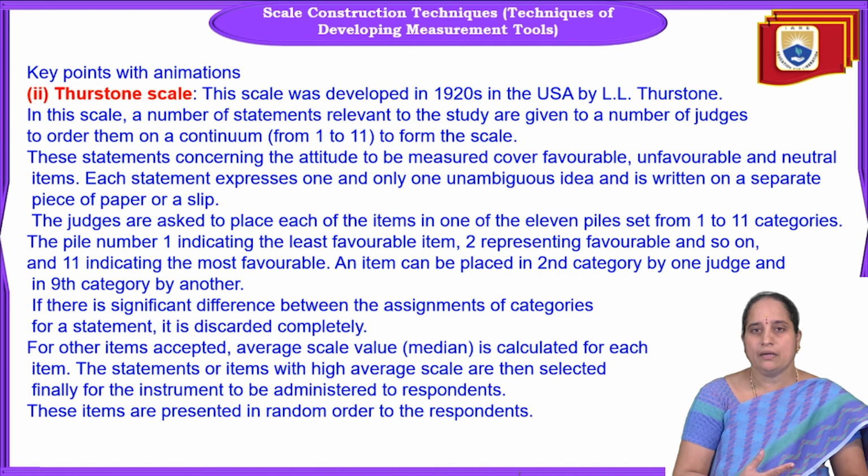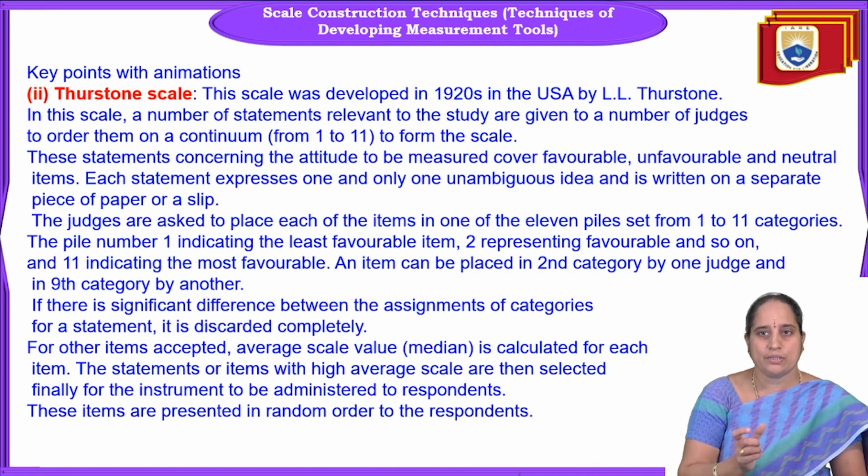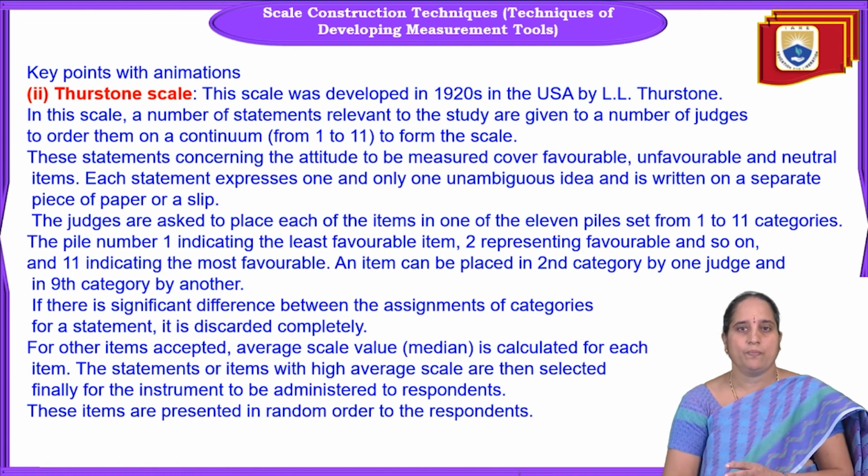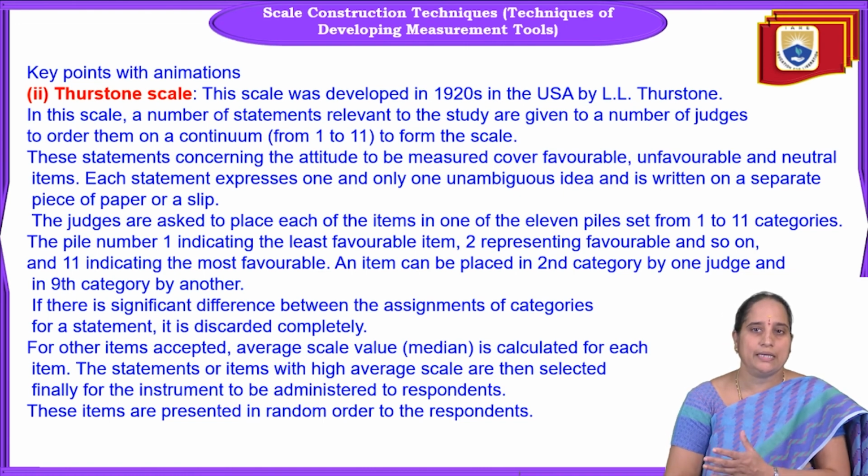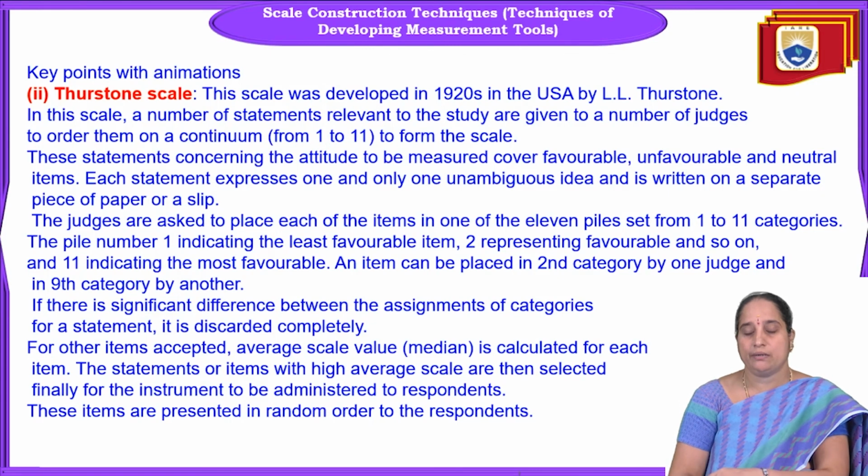For other items, the average scale value is accepted. Generally we consider the median. The median always gives an average, which is a positional value, used to measure attributes, and that is calculated for each item. The statements or items under study with high average scale values are then selected, and finally the instrument is administered to the respondents.